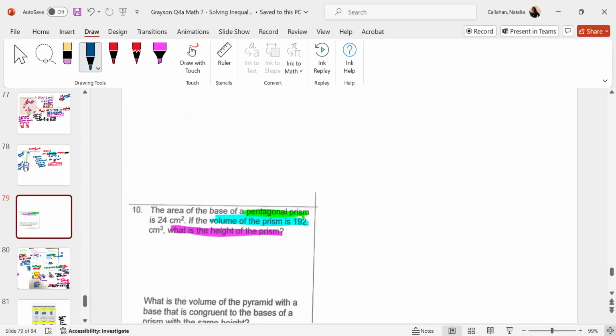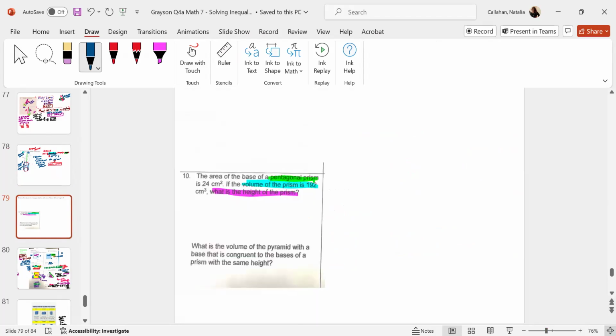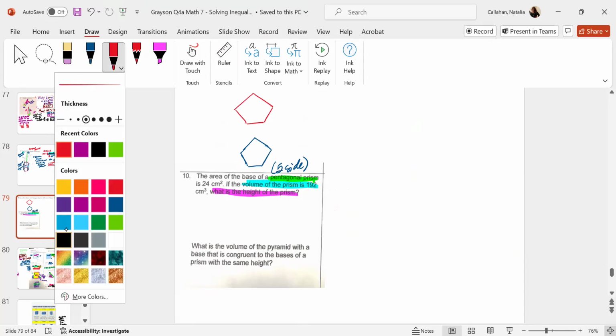Orange bin. All right, let's go and take a look at this one here. Read, please. Area of a base of a pentagonal prism. What does the word pentagon mean? So I'm going to draw this picture. There's a pentagon. Draw another pentagon right underneath that pentagon. Okay. Then we're going to connect them.